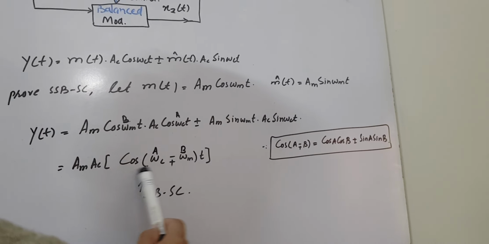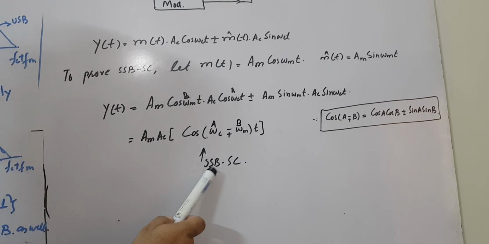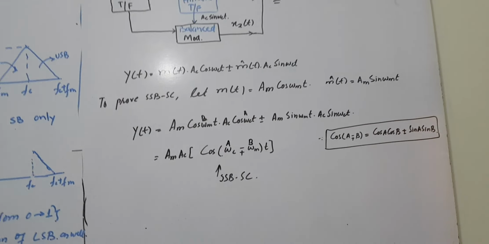So you can see this is either the upper sideband or the lower sideband. This is known as a single sideband suppressed carrier.